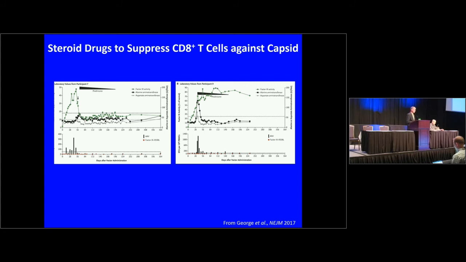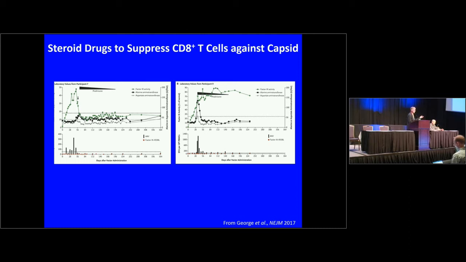One way to suppress this response is to use steroid drugs, a strategy initially developed by Nathwani and Davidoff and adapted by others subsequently. What you can see here is that the steroid treatment was successful in blocking the CD8 response.